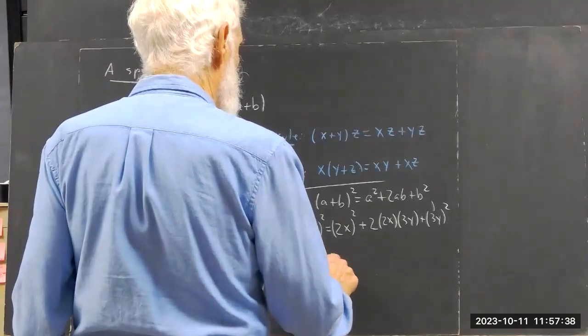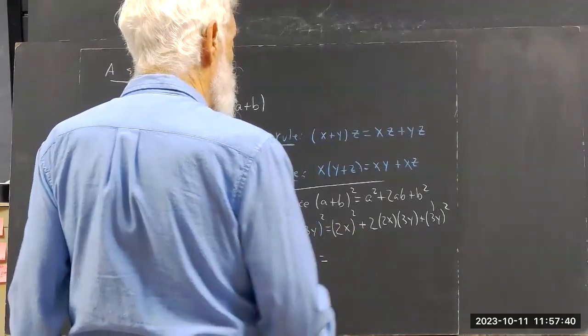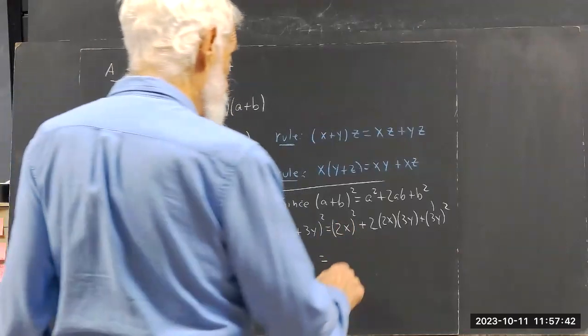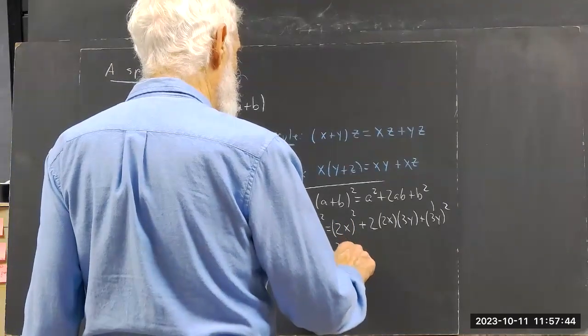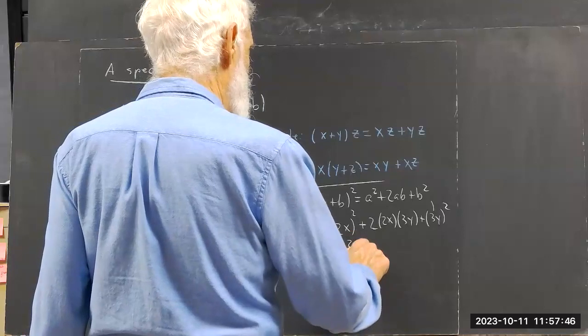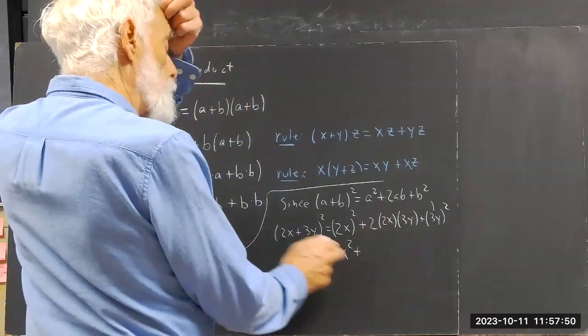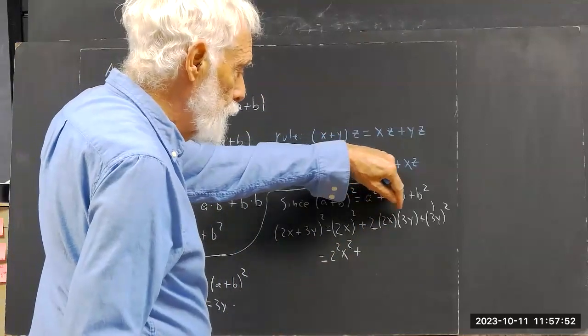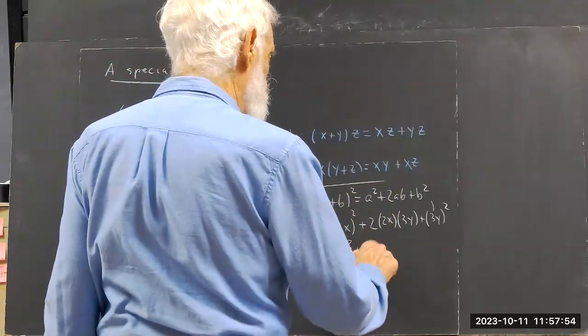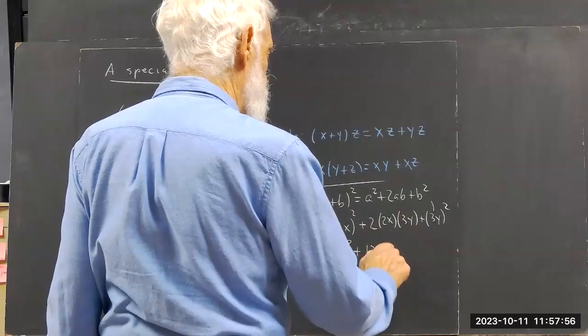And then we can do the arithmetic. Square 2x. By the rules of exponents, that means we do 2 squared times x squared. And then 2 times 2x times 3y. Multiply the numbers. 2 times 2 is 4. Multiply that by 3, we get 12. And we get an x and a y.